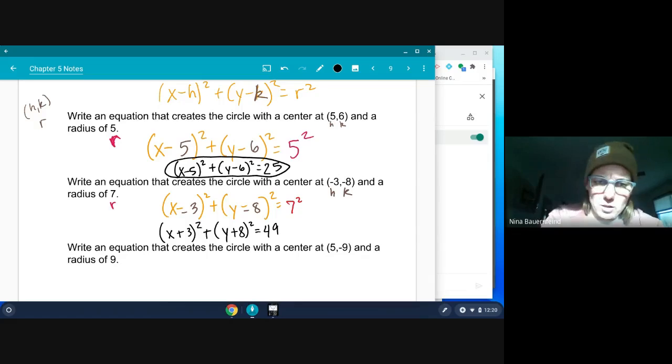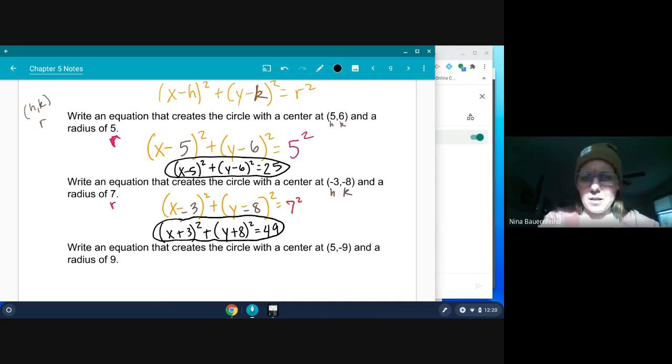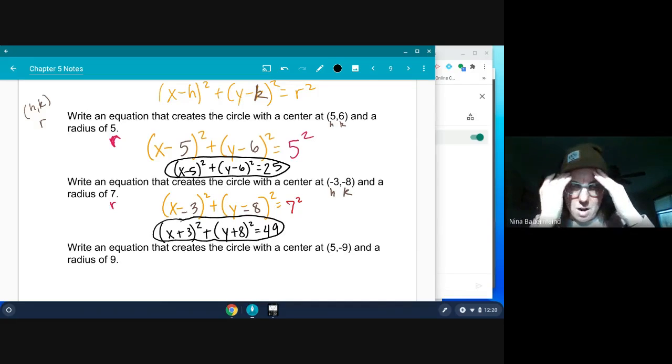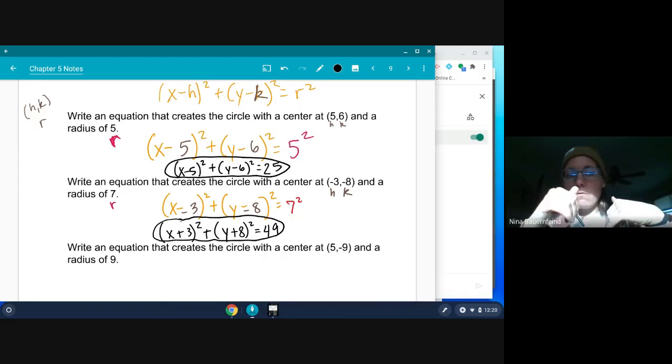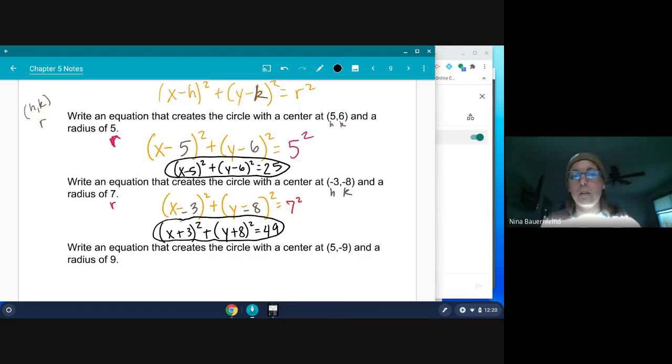So if you guys took this class or talked with me at all in the past about this, I've told the story, but I'm so serious. I was teaching this and I could not get kids to understand the relationship between the coordinates and the result. And there was this girl who literally every time I looked at her, she was just in the back of the room. This was when duck face, like duck lips were cool.